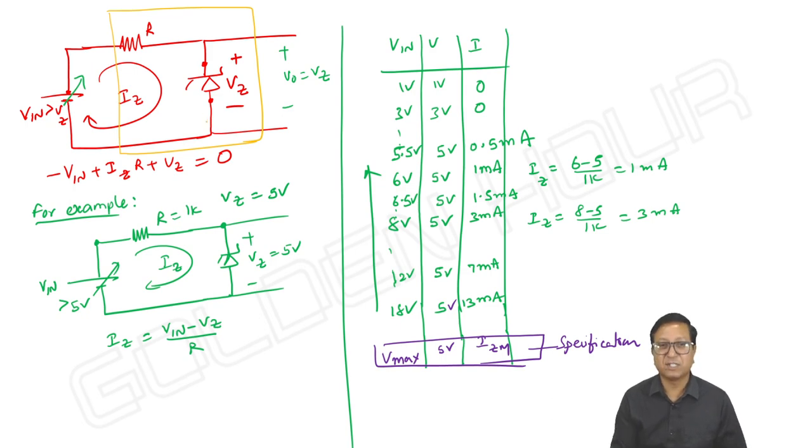This resistor and Zener diode combination behaves like a voltage regulator. You can vary the input here, but you can see constant voltage. By varying input, IZ may change, but output does not change. That's what you can see. So a voltage regulator circuit, how does it appear? A voltage regulator circuit.